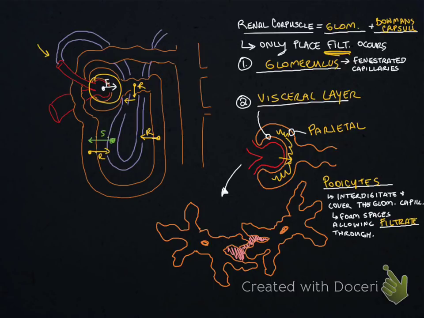Remember, the capillary, we can see it here underneath the spaces of the podocytes, has holes because it's fenestrated, and that allows the filtrate to come through and pass through the spaces between these podocytes.